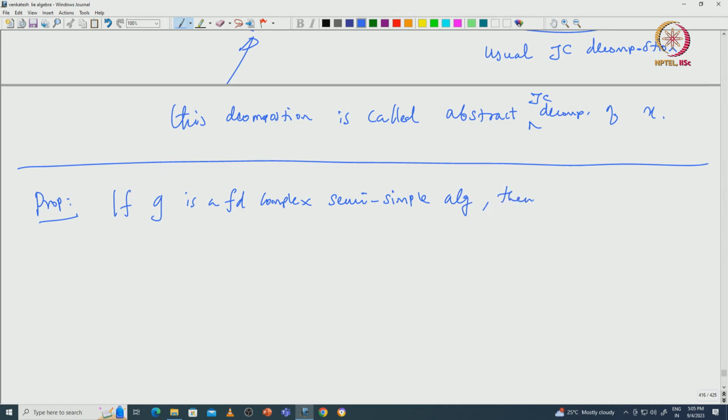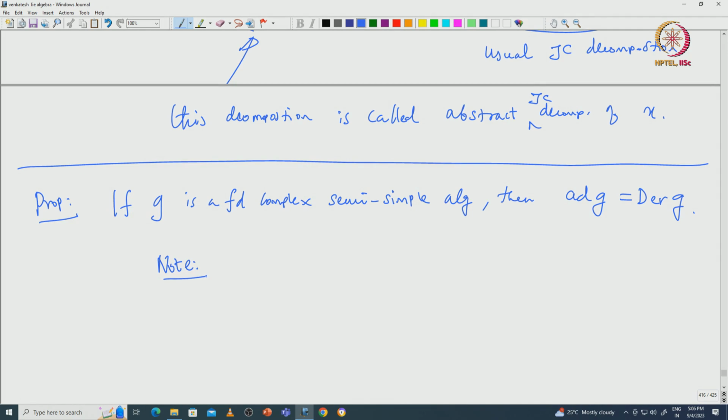Then we can prove that ad G must be the same as the derivations of G. This follows from the fact that one can talk about the usual Jordan decomposition for elements of the derivations of G. Let us see how one can prove it. Since ad maps G to ad G one-to-one, ad G is also an ideal inside Der G. One can view Der G as a module for ad G. That is what we are going to do. So, note that.